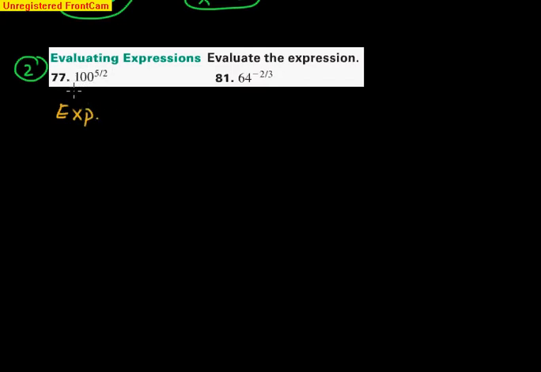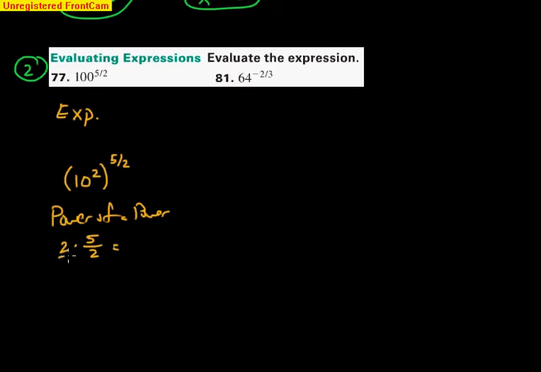So 100 is a perfect square. 100 can be written as 10 squared. So this problem can be rewritten as 10 squared raised to the 5/2. And this is actually a power of a power problem. And for a power of a power, you multiply the exponents, 2 times 5/2.